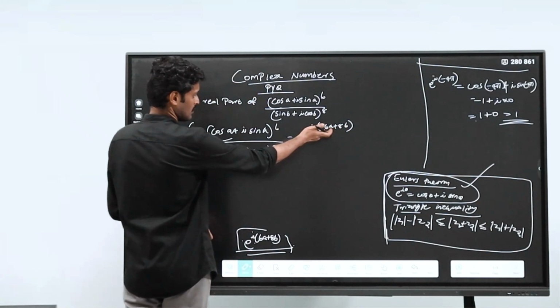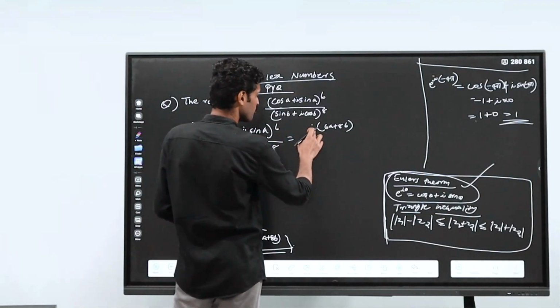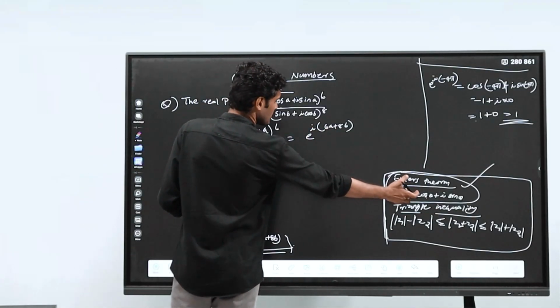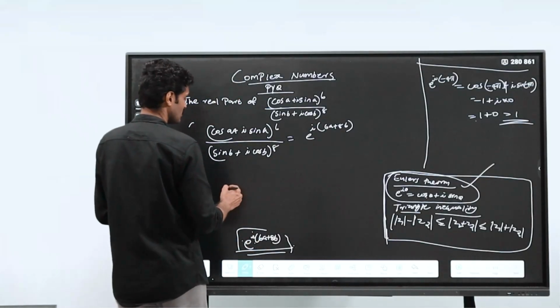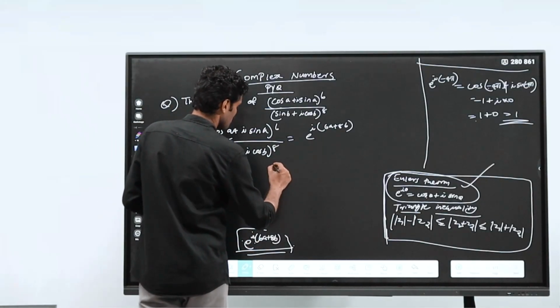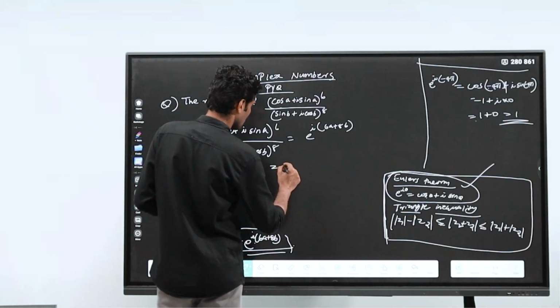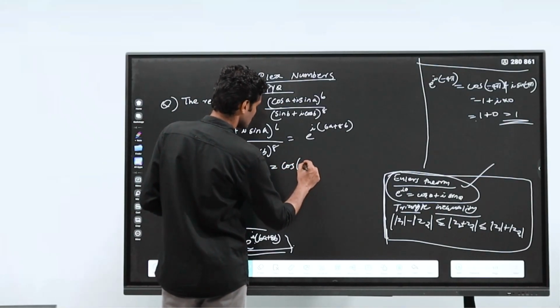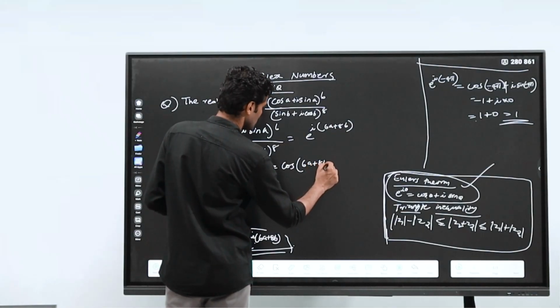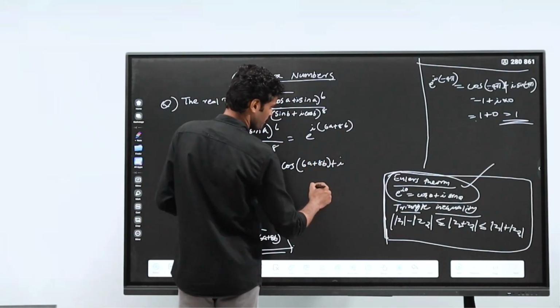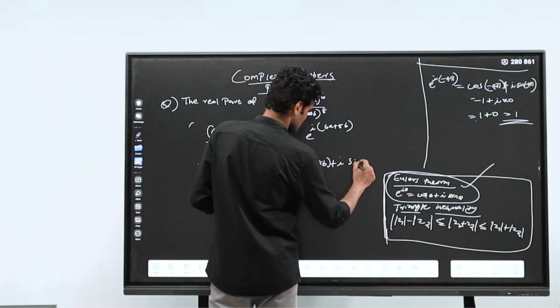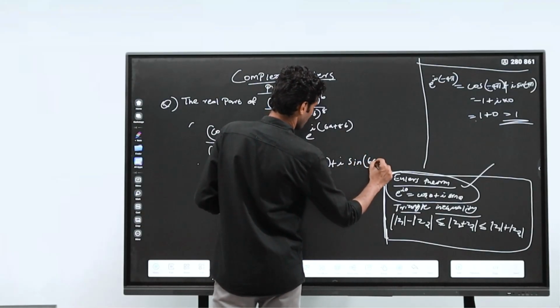Then again we can apply Euler's theorem. It is of the form e raised to i theta, that is e raised to i theta is cos theta plus i sin theta. By applying Euler's theorem again we get cos of 6a plus 8b plus i into sin of 6a plus 8b.